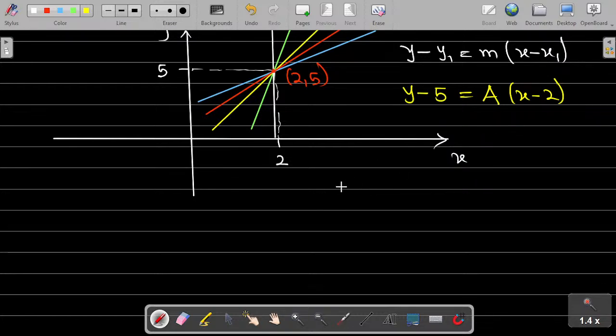So all I need to do is open up that bracket. Let me transfer the 5 to the other side. So I'll have y equal to ax, that's this times this, and then a times this is minus 2a, and then 5 coming over here becomes plus 5. From this equation I can get my y prime by differentiating across the board.